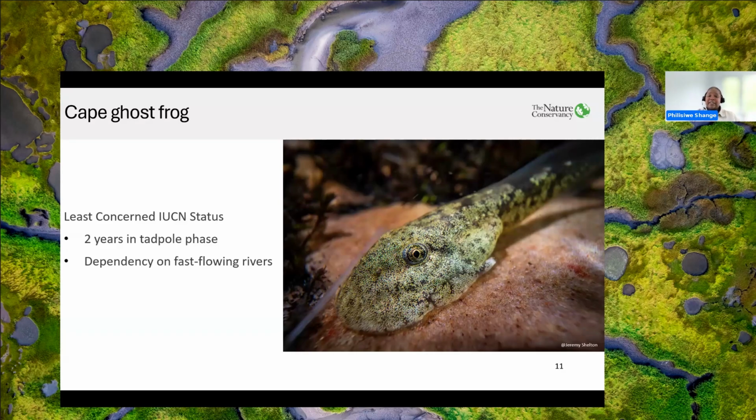So for this species' survival, constant and fast river flow is important. Otherwise, if the invasive alien plants are not removed, this status on the IUCN might change for this species and for other species that prefer fast flowing rivers.